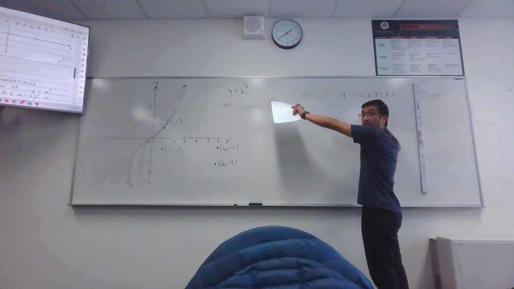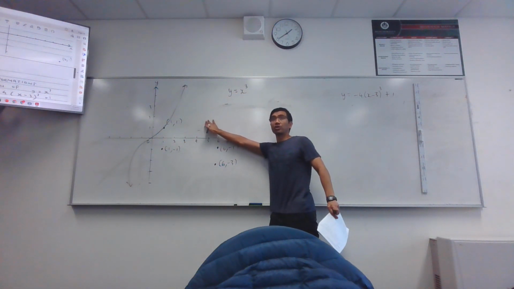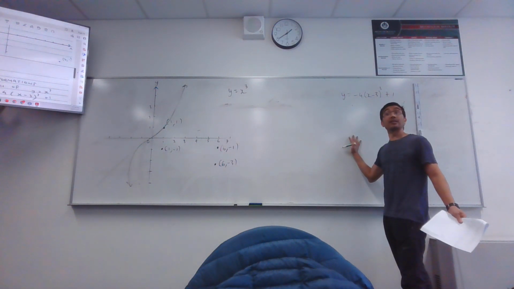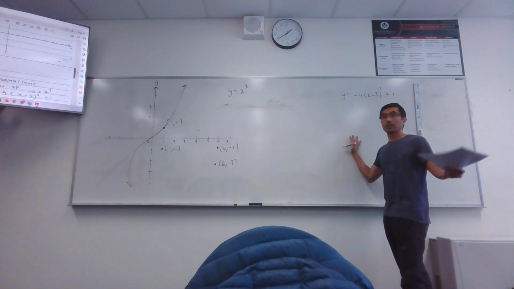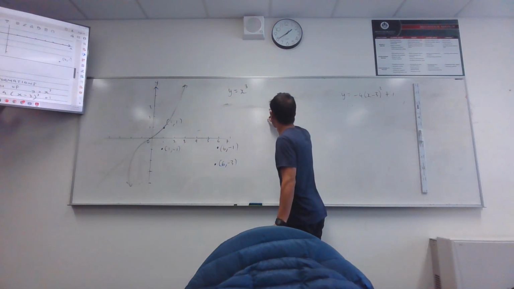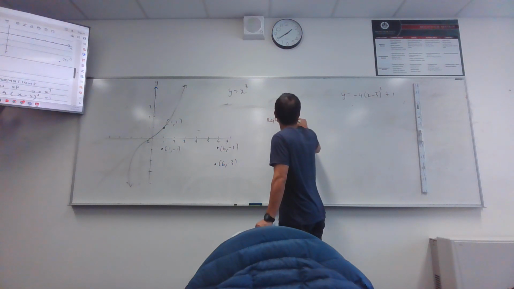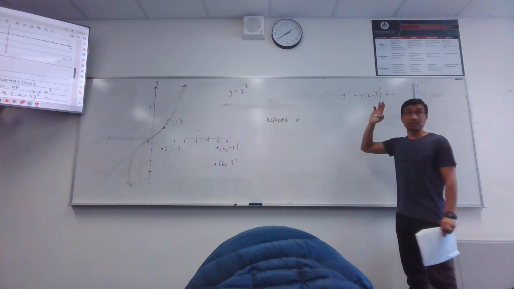Okay. What transformations are happening between our original and our transformed? What's one thing that needs to be done? Please name. It's reflected. Good. Now, looking at the position of that negative, it's on the outside.